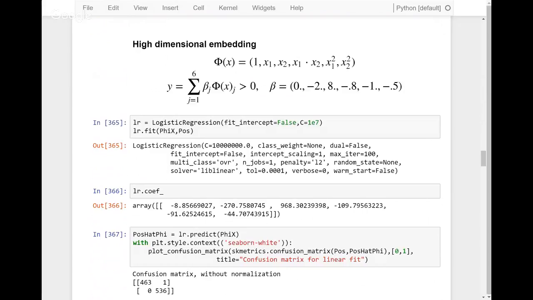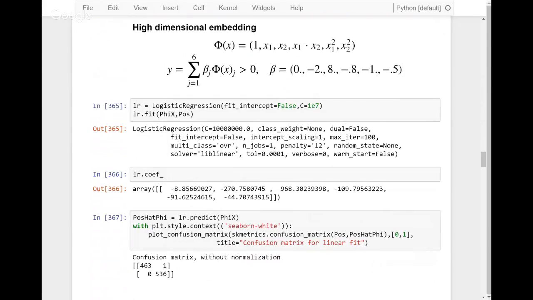So I can fit the logistic regression with these six features. I created six features, I have my y's, I have my reds and blues, so I can do that.